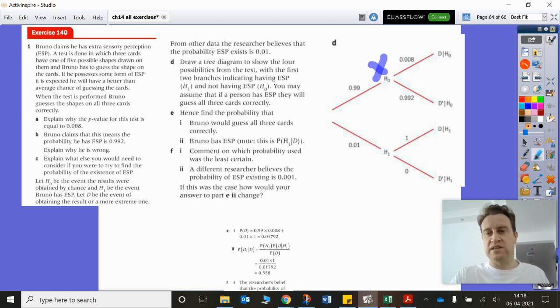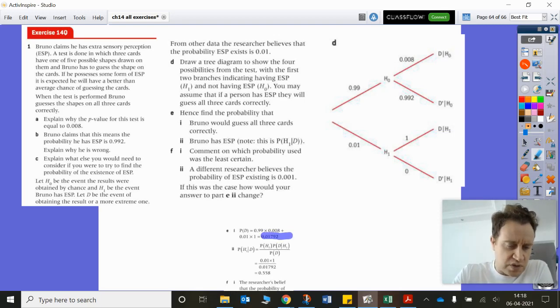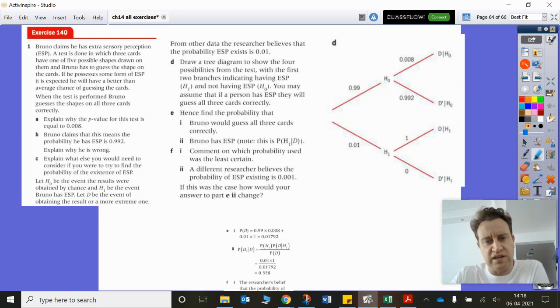So this times this and this times this, get 2 answers at the end and add them together. So we're just looking for the chance of getting a D in the final answer. Okay, and that's giving us just under 2% there, 0.01792.